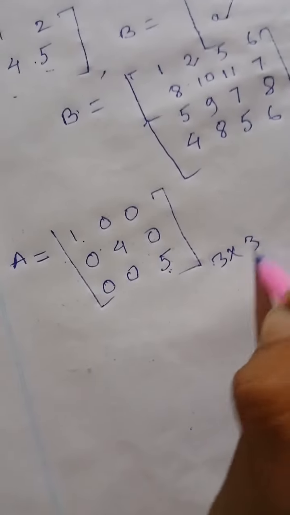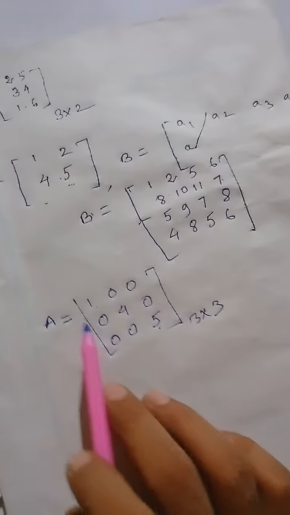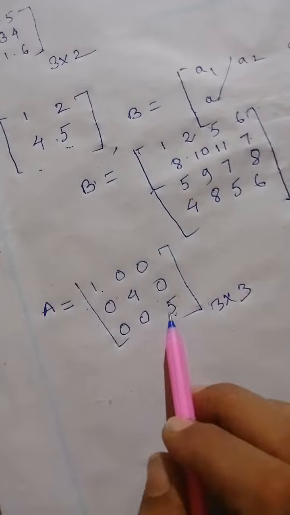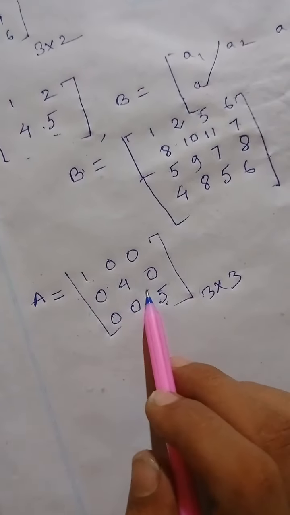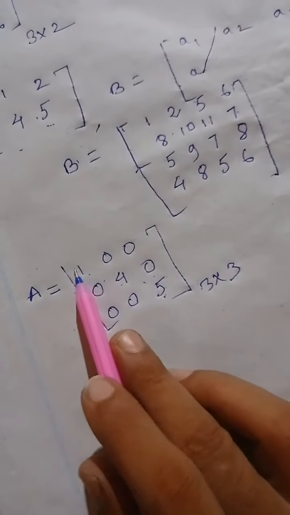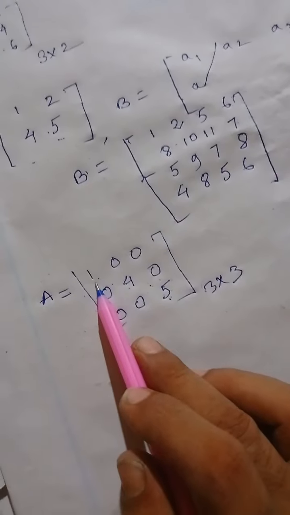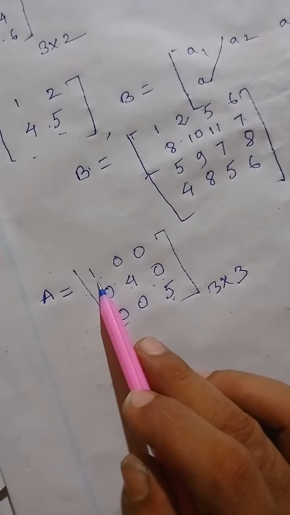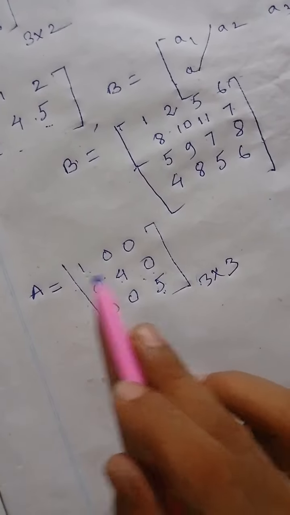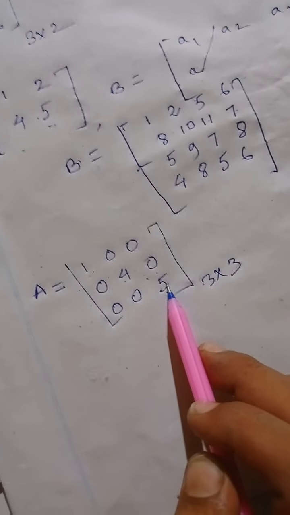Here 1 4 5 are called diagonal elements, and this line is called principal diagonal.